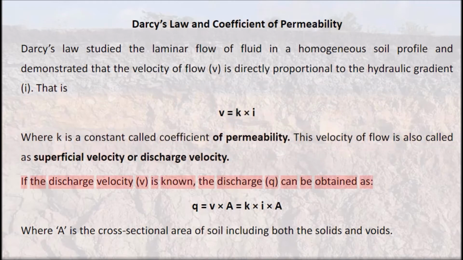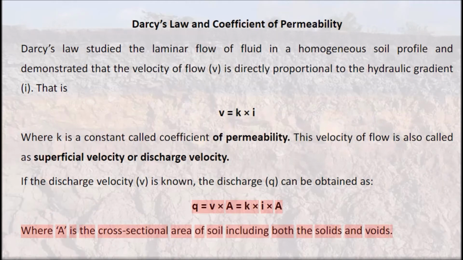This velocity of flow is also called a superficial velocity or discharge velocity. If the discharge velocity, v, is known, the discharge, Q, can be obtained as Q equals v times A equals k times i times A, where A is the cross-sectional area of soil including both the solids and voids.